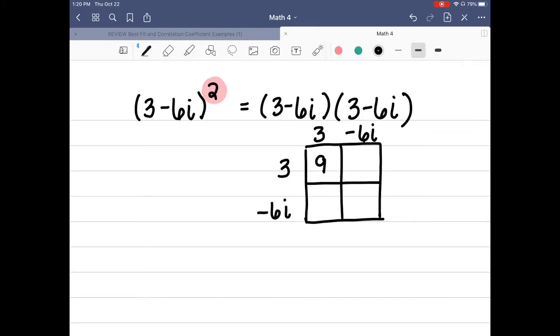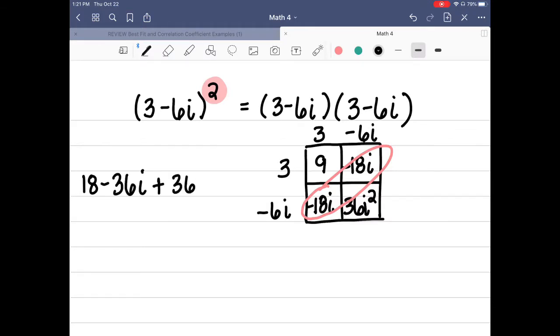So 3 times 3 is 9. 3 times negative 6i is negative 18i. 3 times negative 6i is negative 18i again. And then we have negative 6i times negative 6i is going to be 36i squared. So we'll combine those like terms. So we have 18 minus 36i plus 36i squared.